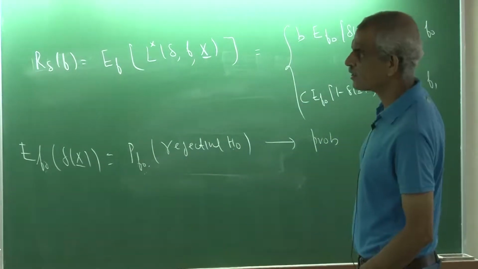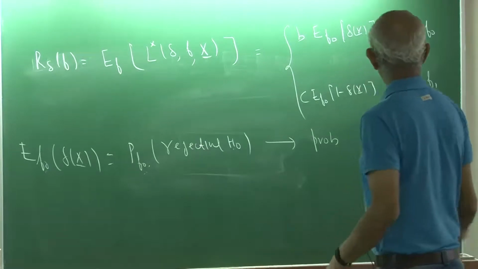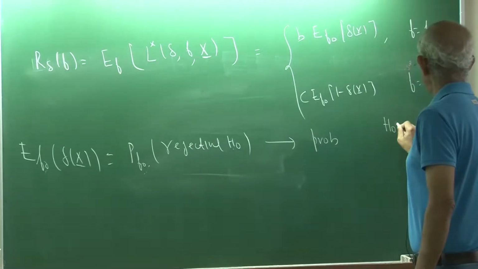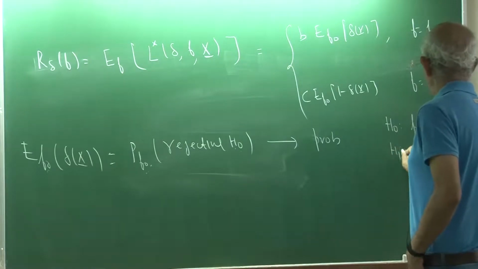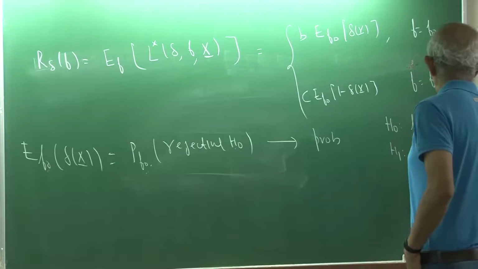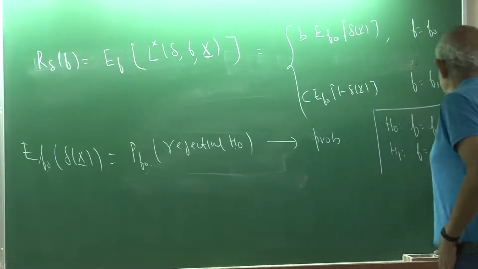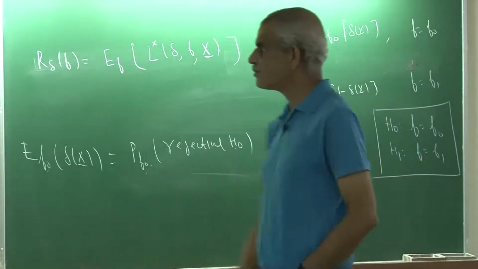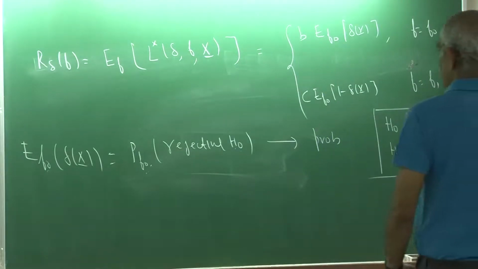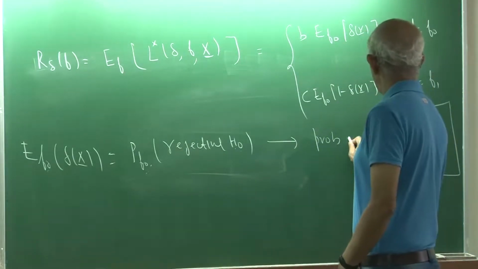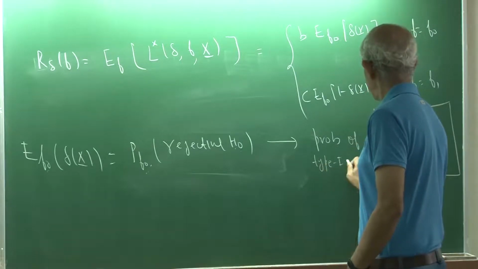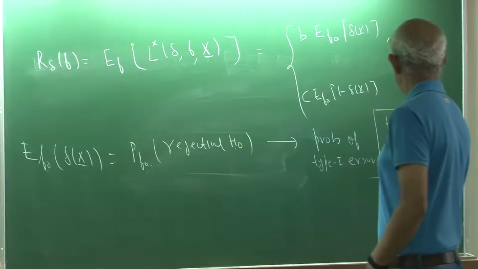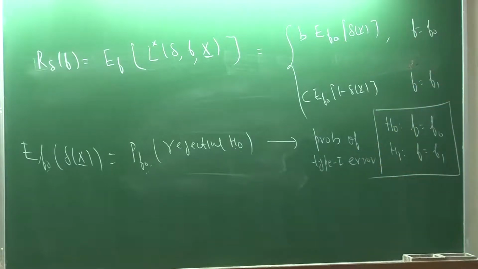Here what I am interested in testing is H0: f is f0 against H1: f is f1. So this is my testing problem, right? So this is the probability of type 1 error, because you are faced with this problem and you have to take action whether H0 is true or H1 is true.